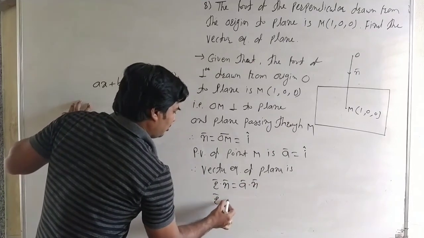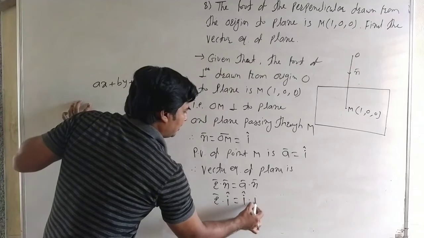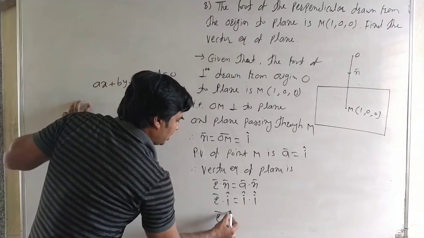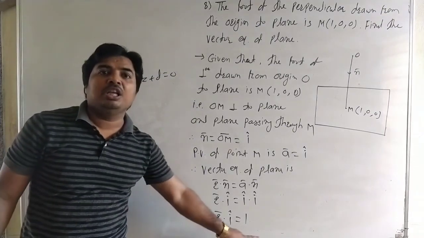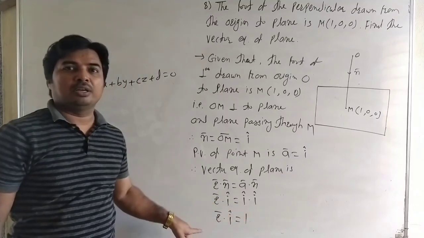Then r bar dot i cap equals 1 is the vector equation of the plane, of the form r bar dot n bar equals d.